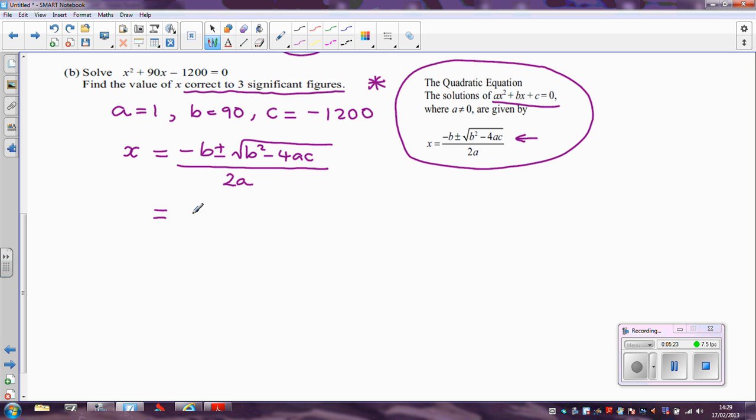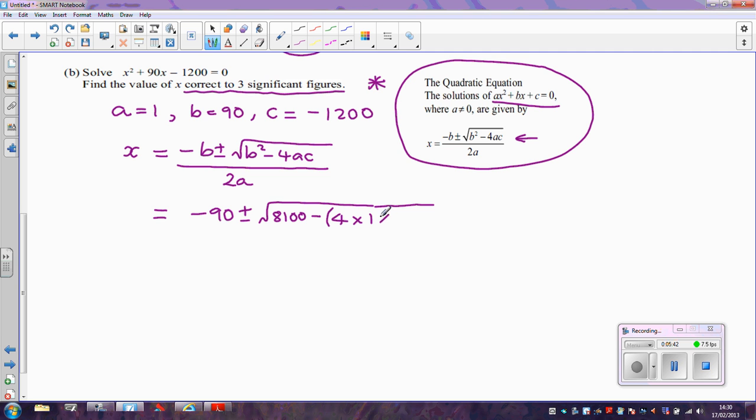B is 90, so minus b is going to be minus 90, plus or minus the square root of b squared, which comes out as 8,100, minus, and I think you should always put a bracket in here. It's very easy to make mistakes. For 4ac, we're multiplying together 4 times 1 times minus 1,200, close the bracket, and everything here is divided by 2a, and that's just 2 in this case.